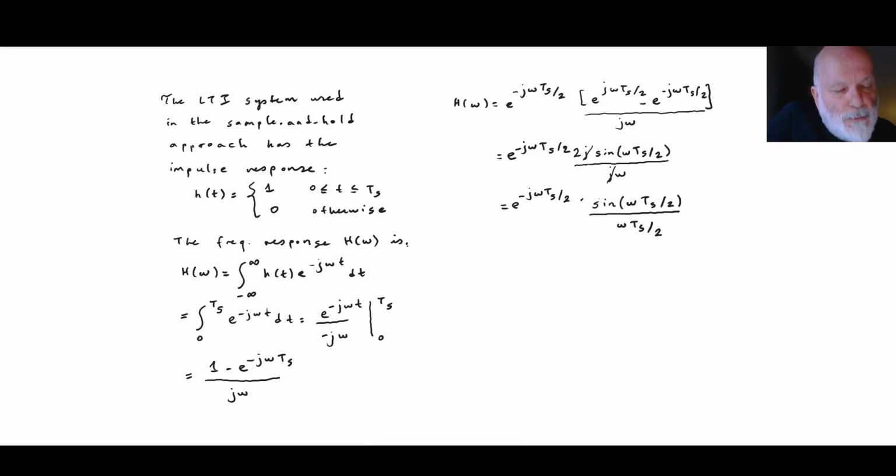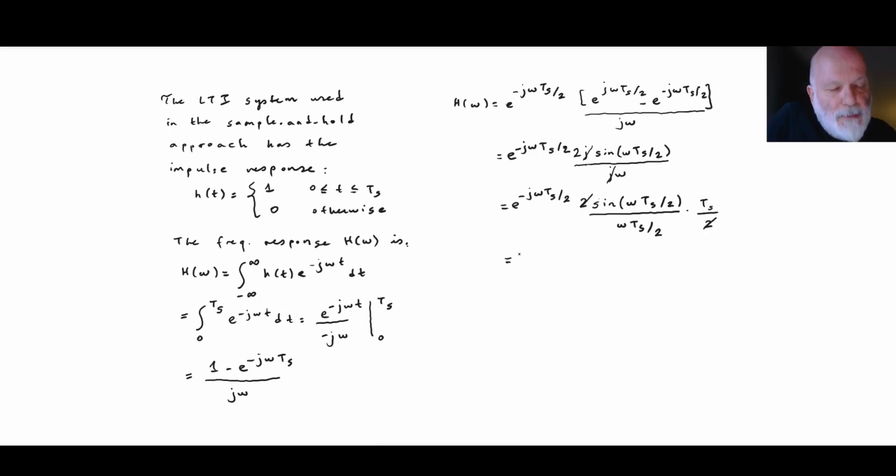We have 2 here, and we have Ts over 2 as well, so the 2's will cancel out.